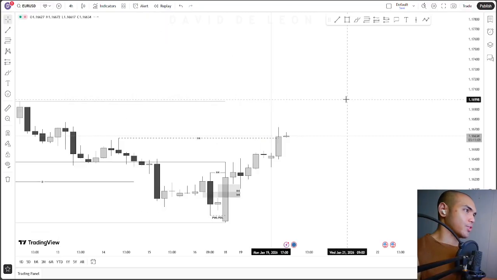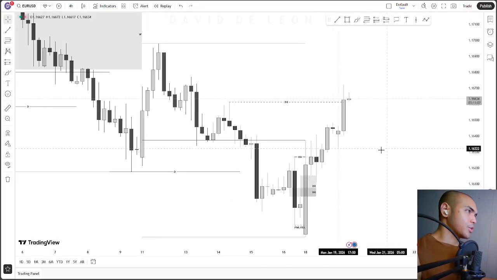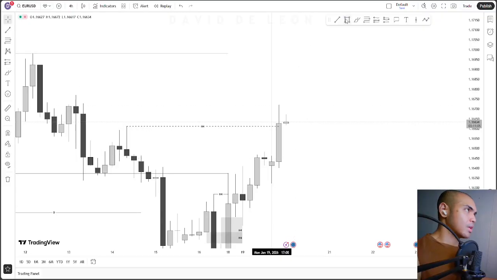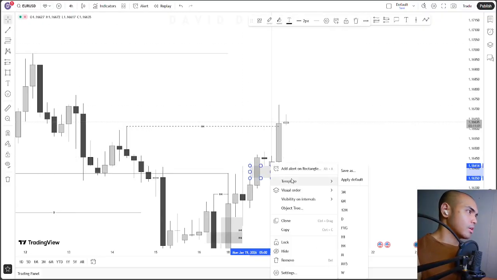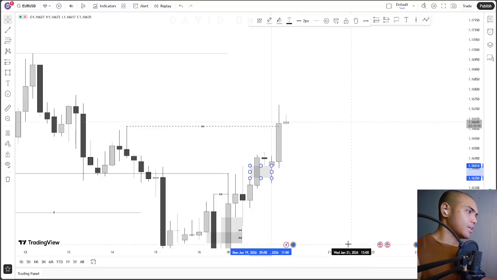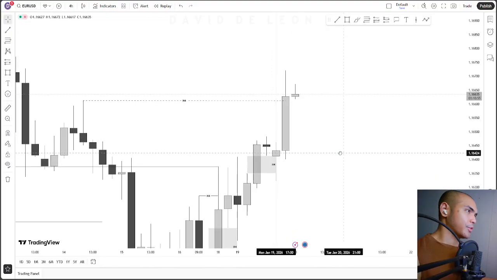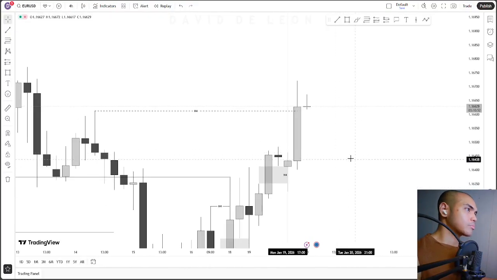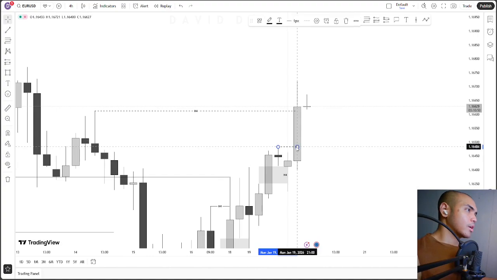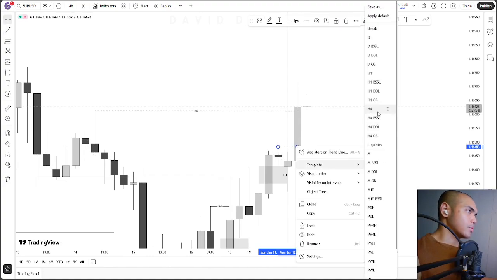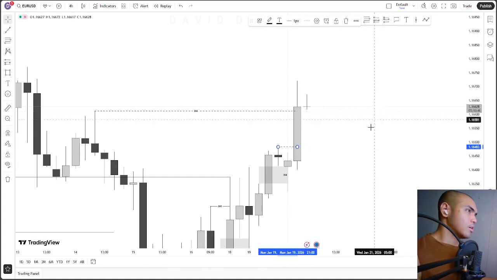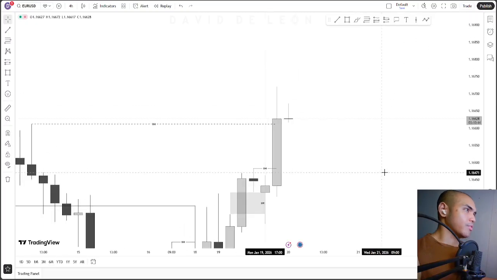Going down to the H4 chart, we can see that yesterday created an H4 buy side imbalance that got respected earlier in the morning, and price already broke out of this H4 structure level.